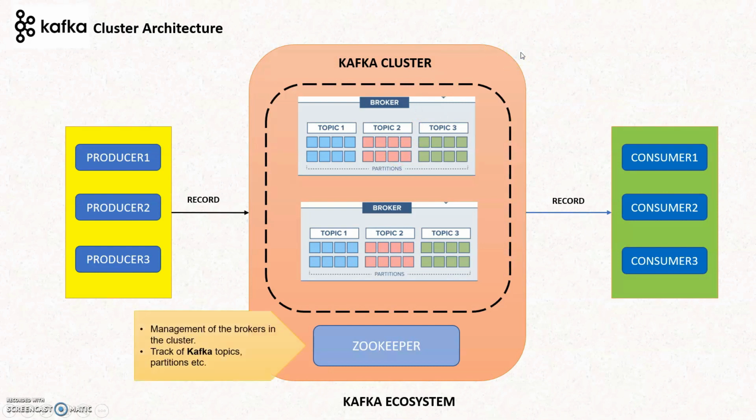Next is the Zookeeper, which manages the brokers in the cluster, and tracks the Kafka topics, partitions, etc. So Zookeeper manages everything and orchestrates the entire process inside the cluster.